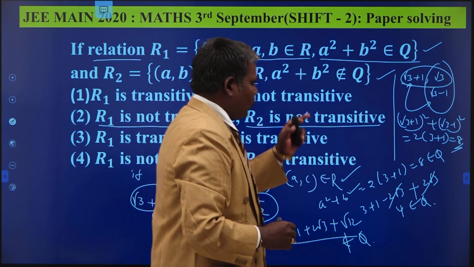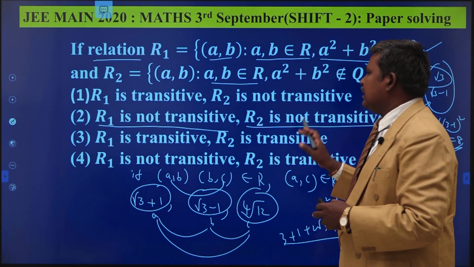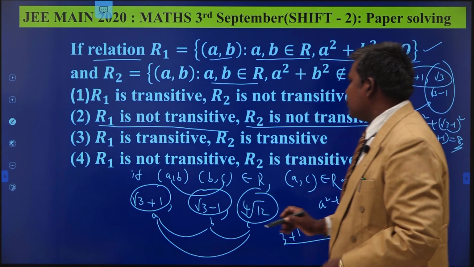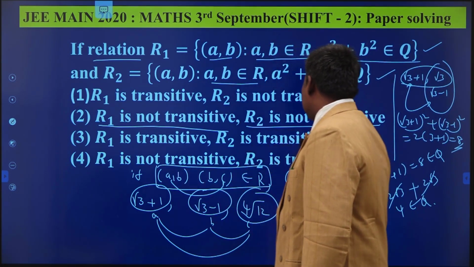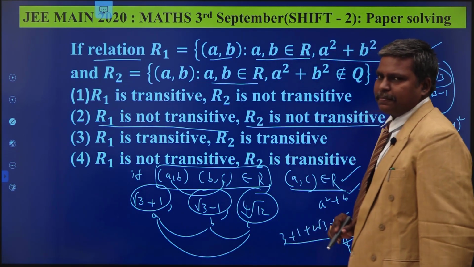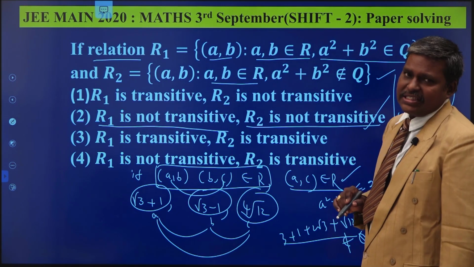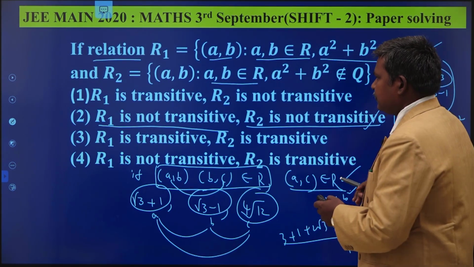So by giving counterexamples, we can show that R1 and R2 are not transitive. What is the definition of transitive? If (A, B) and (B, C) belong to R, then immediately (A, C) belongs to R. So for this problem, both are not transitive. So this is one of the logical problems.